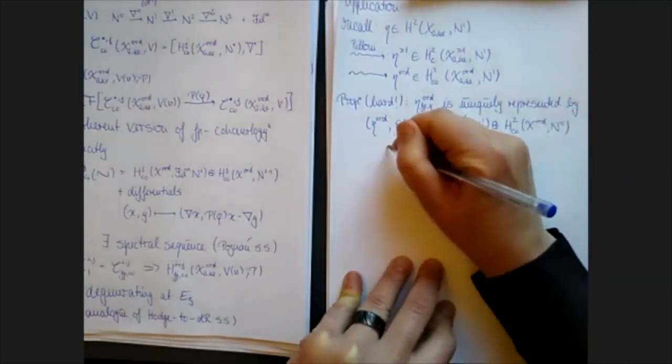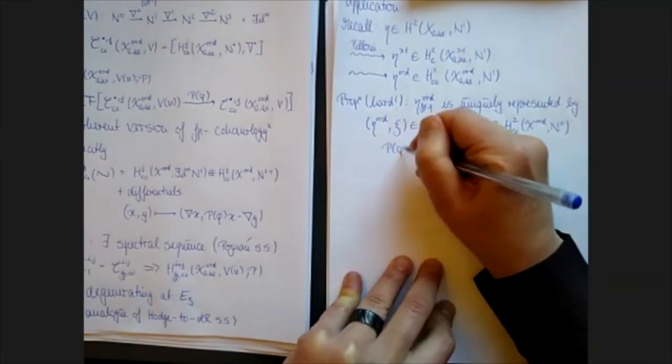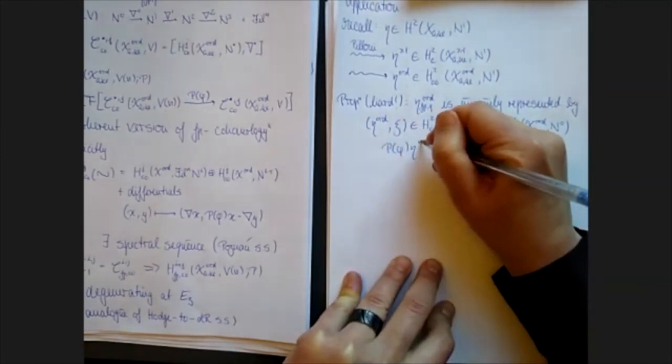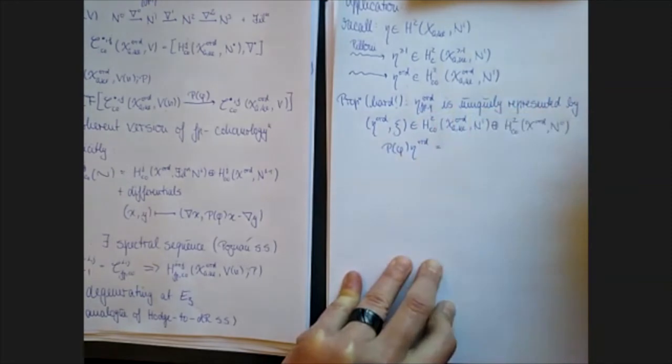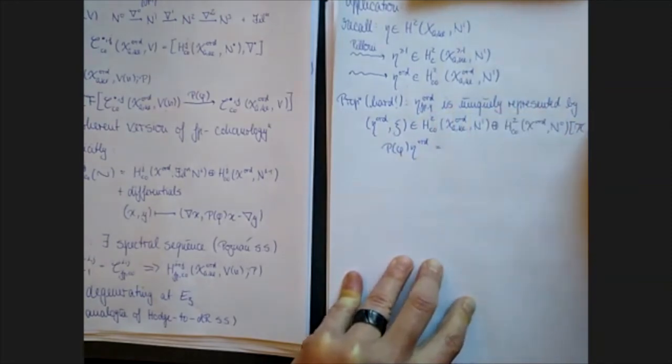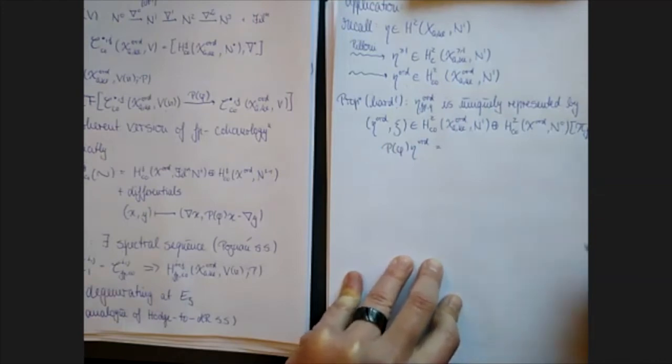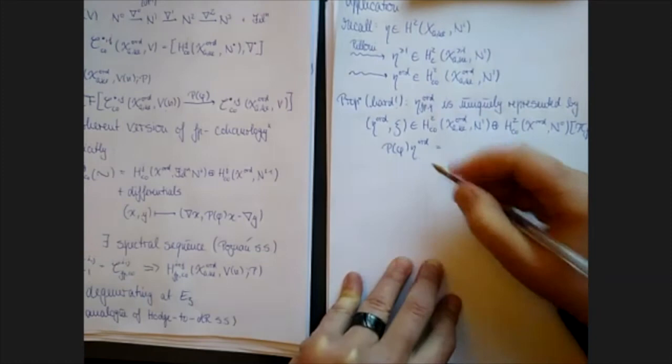I should say that zeta is only unique if you take it in the pi f eigenspace; otherwise there are some non-uniqueness issues.